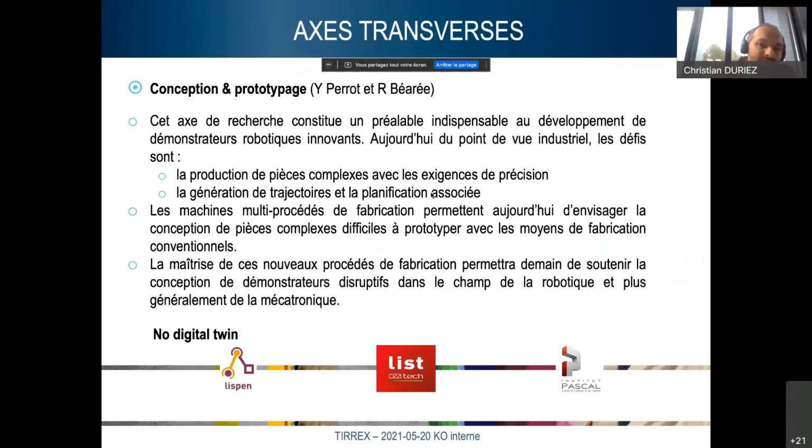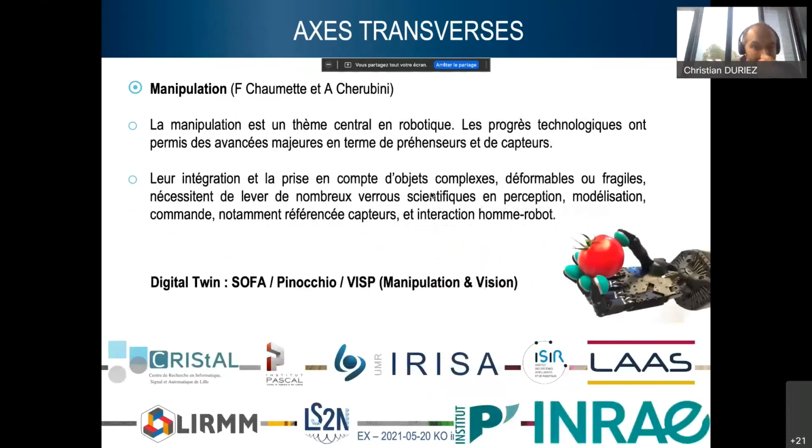There is the axis on design and prototyping where there is no digital twin. There is a transversal axis on manipulation where there is definitely the idea of using digital twins to improve manipulation. A lot of people are interested in using SOFA, for instance, for manipulating deformable objects.